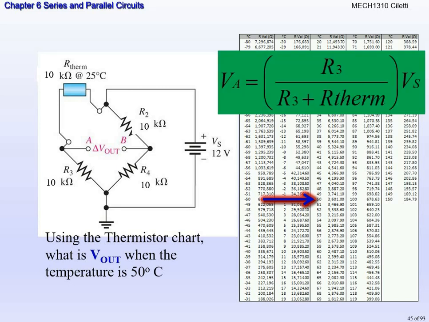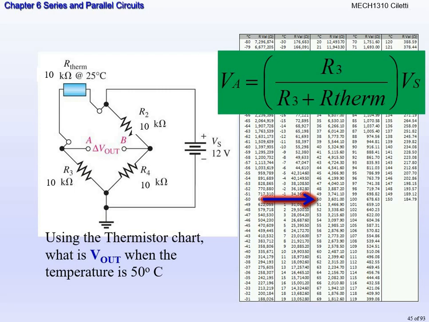Alright, so now we're going to use that in our equation. So our output voltage VA is going to be R3 divided by R3 plus our thermistor resistance, which is 3,601, times Vs. Okay, is that 3,601?